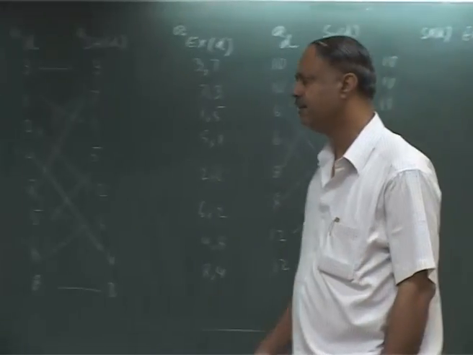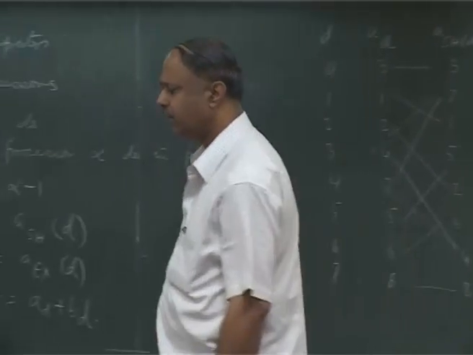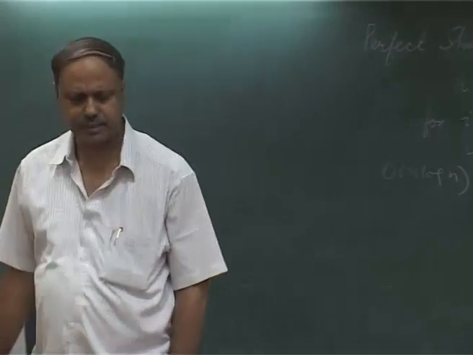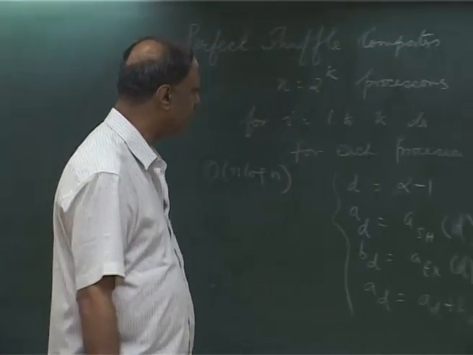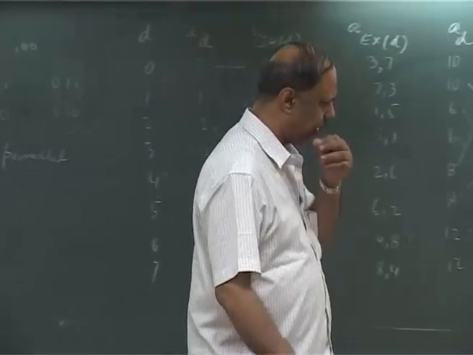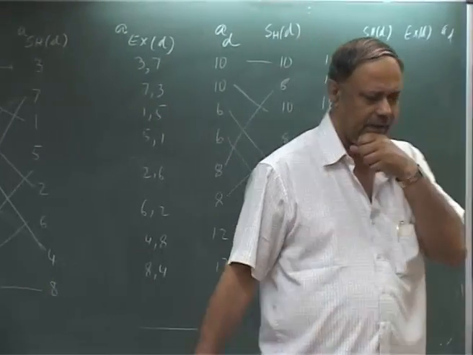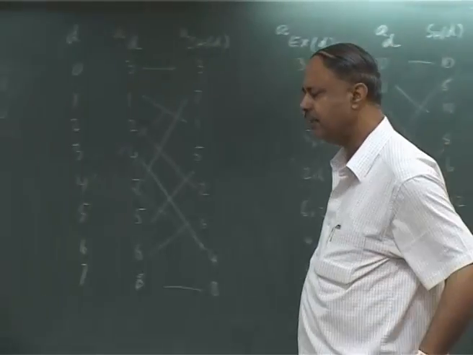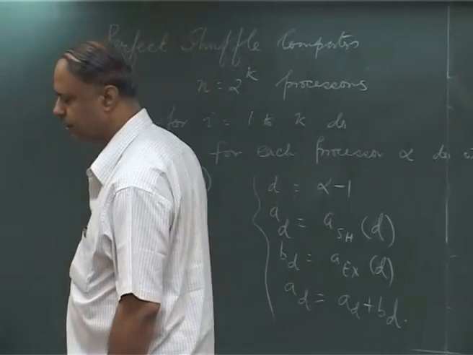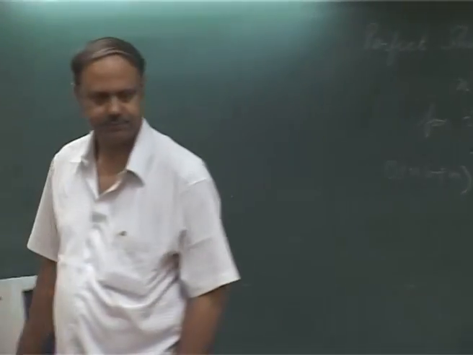Initially you make n by log n groups, each group having log n elements. Sequentially each processor obtains the sum of log n elements, and then you proceed. You can easily show that it takes order n cost to find the sum of n numbers using the perfect shuffle computers.